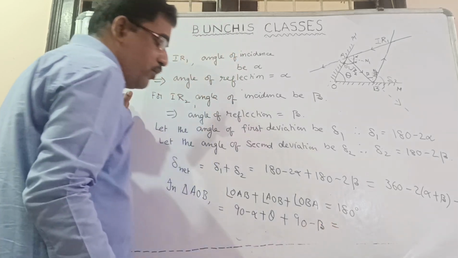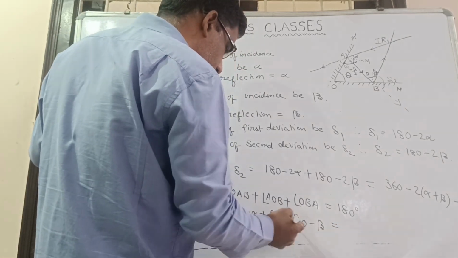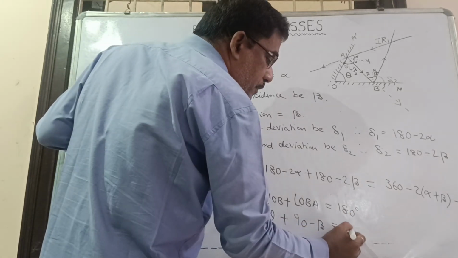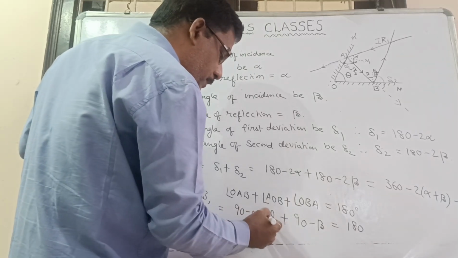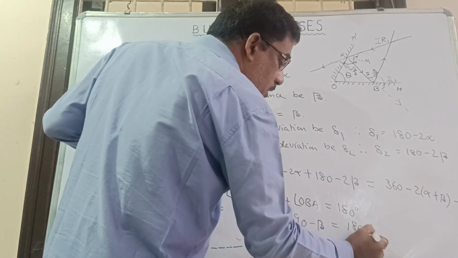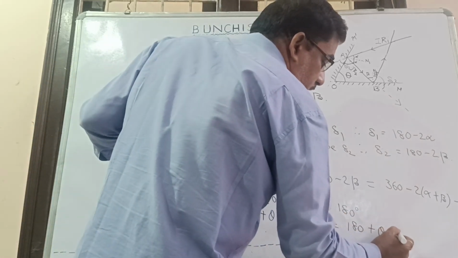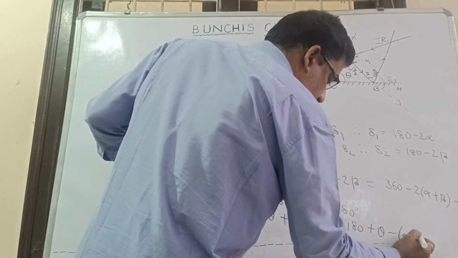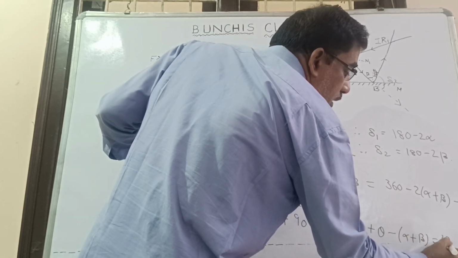Now what you got? 90 plus 90, 180, 180 plus theta minus of alpha plus beta is equal to 180.